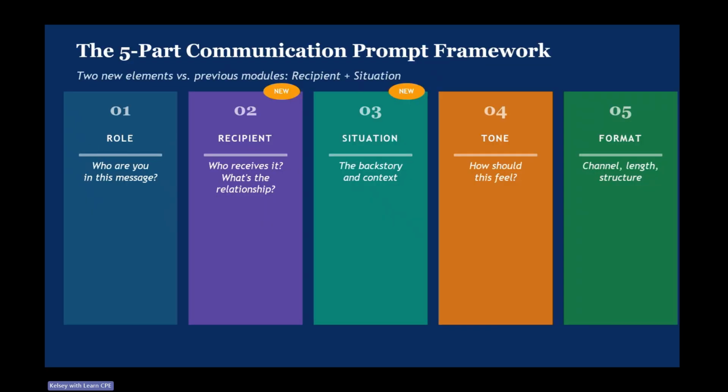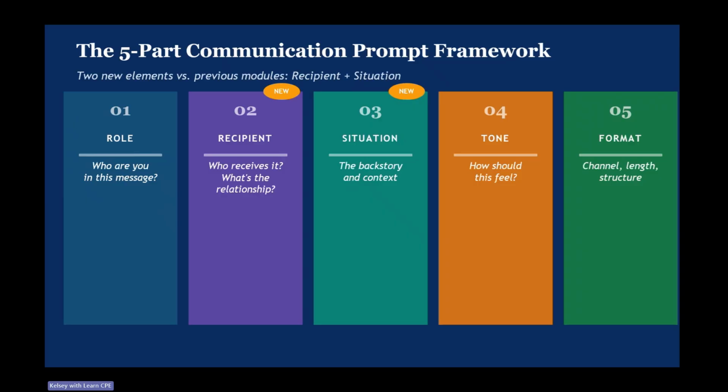So here is our 5-part framework for communication prompts. You'll notice 2 new elements compared to the writing framework in Module 1, recipient and situation. So our role, who are you in this message? Recipient, new, who receives it, and what's the relationship? Our situation, which is going to be the backstory and the context, and then tone, how should this feel?